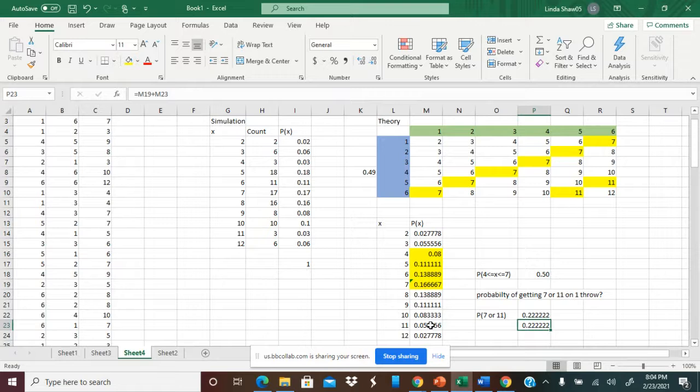Questions on this before we move on? Lori. So if you changed it to saying, what's the probability of getting 7 or 11 in 6 throws, then how would you change how you did this? Wow. Okay. Lori, that's something I plan to talk about, but I haven't talked about it yet.